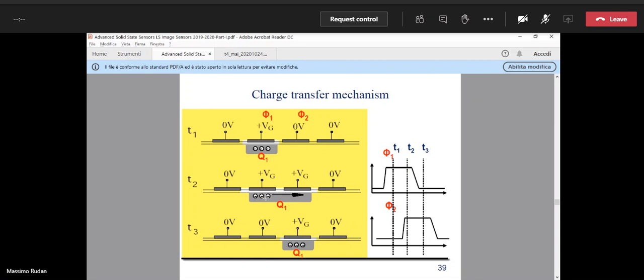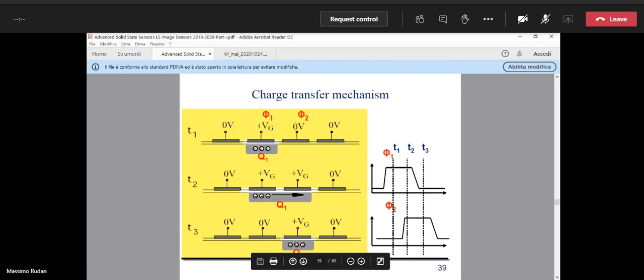So we have a strong field, and the charges that were originally equally distributed below phase 1 and phase 2 all move to the right because we have put phase 1 off.